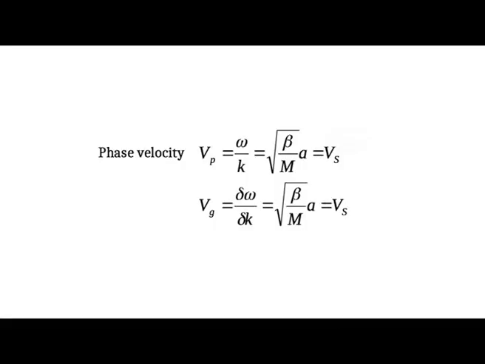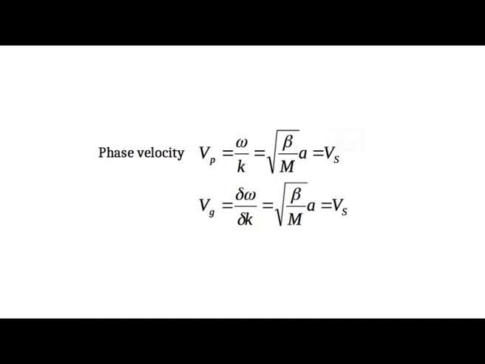So, what is the situation in the case of the one dimensional monatomic lattice? Earlier we saw two kinds of expressions, the long wavelength one and the general expression. Let us take the long wavelength situation. The phase velocity is omega by k, which in the long wavelength limit comes to be root of beta by m into a, which is equal to the sound velocity.